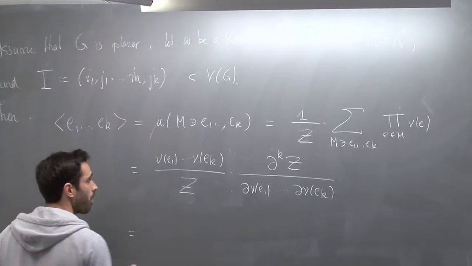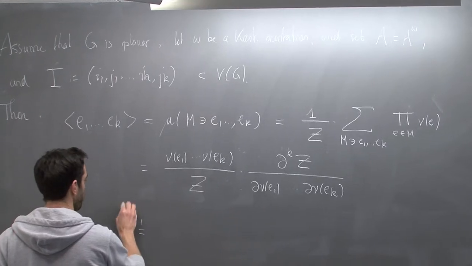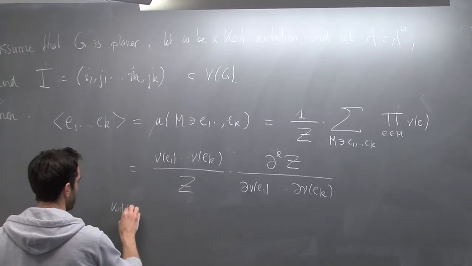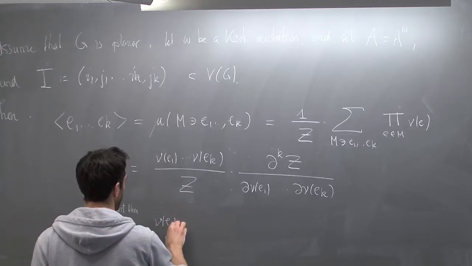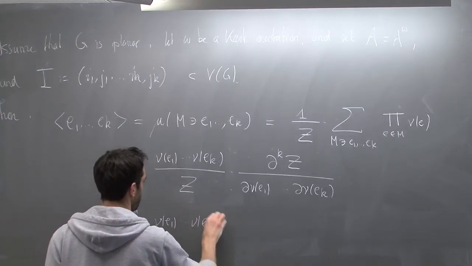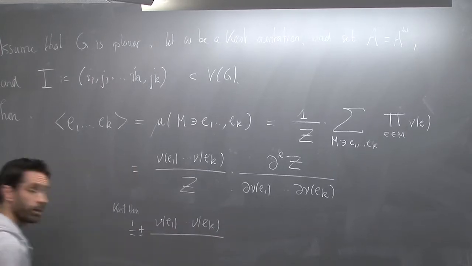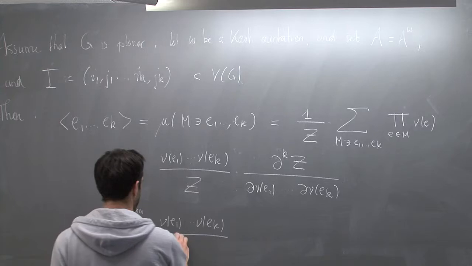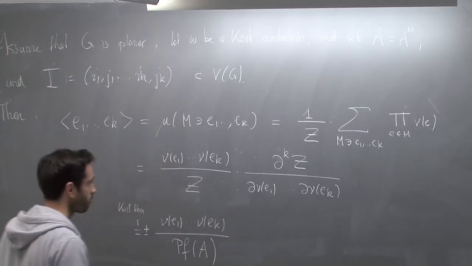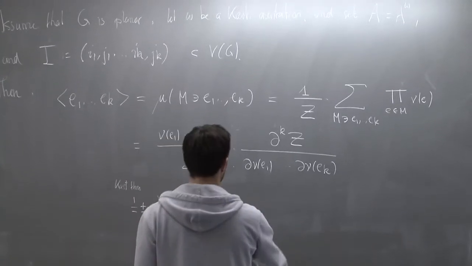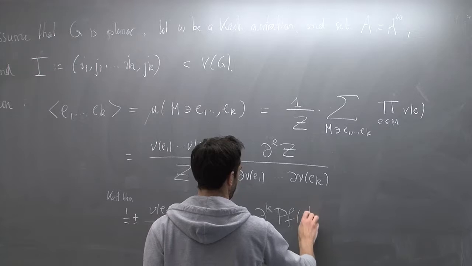But what is good now is that we use Kasteleyn's theorem. So we have nu(E1) ... nu(EK) over the Pfaffian, and maybe I'm going to put an overall sign here; I'm not going to be precise about the sign. Here you have the Pfaffian of A, and here you have the derivative of the Pfaffian.